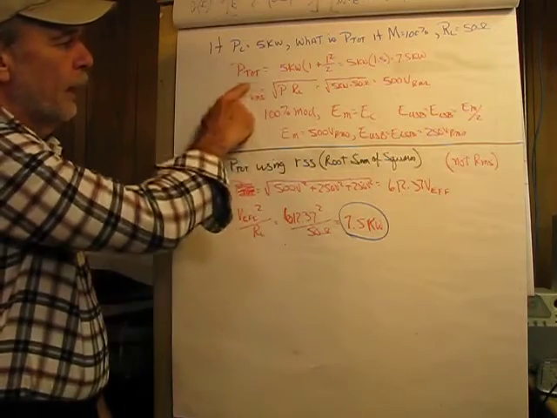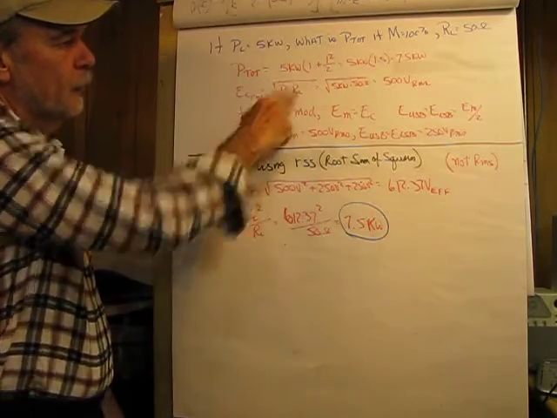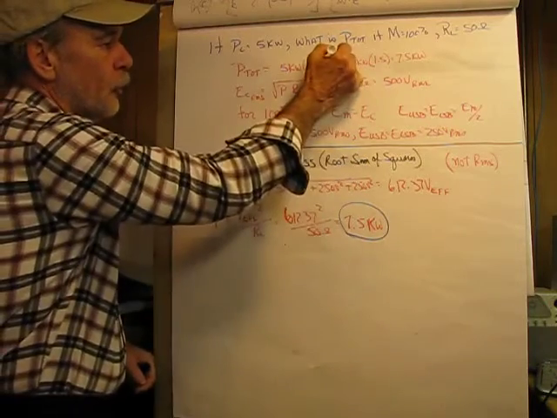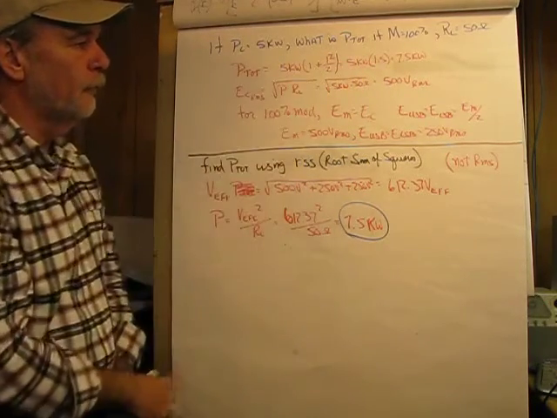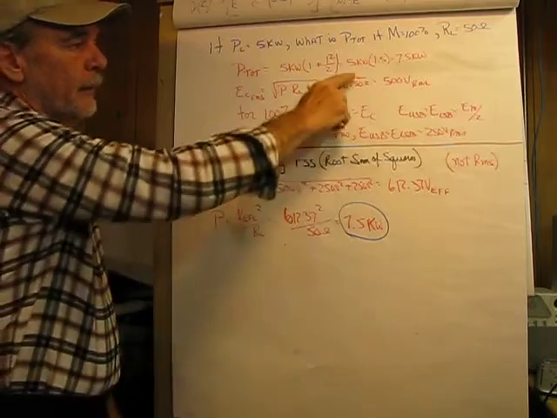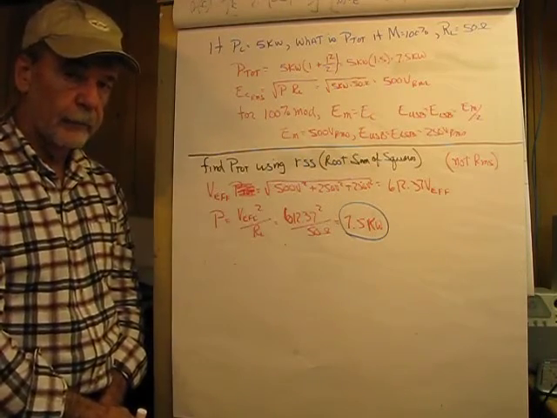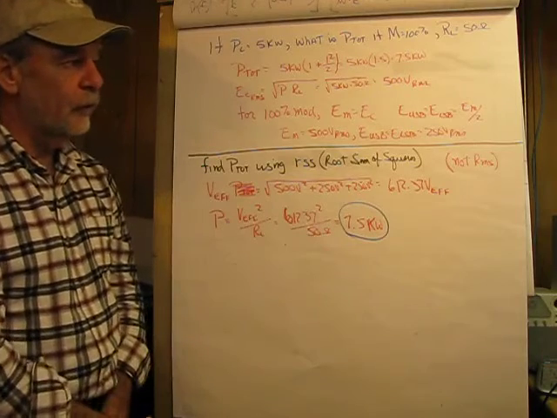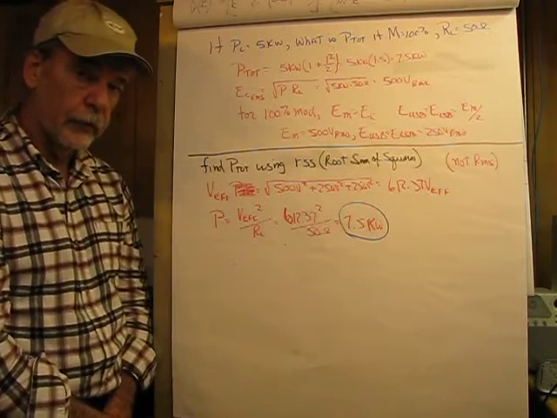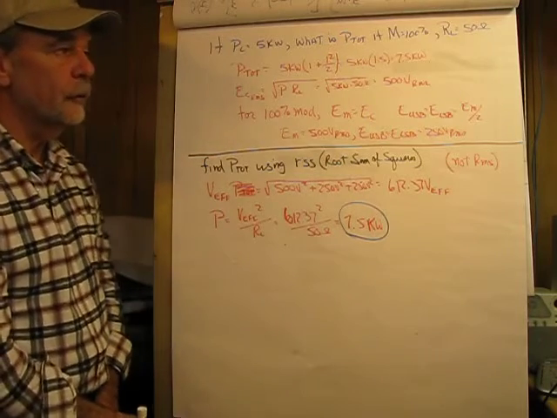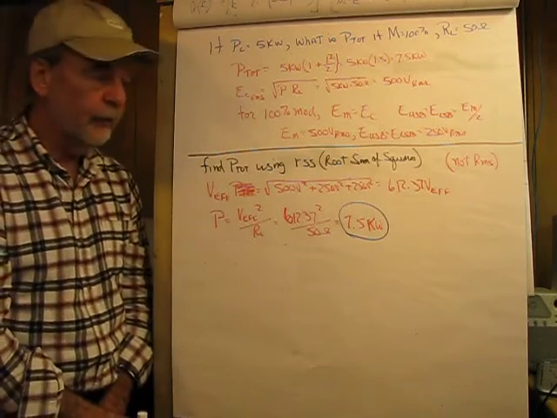So what we have here is 5 kW times 1 plus our modulation coefficient squared divided by 2, and that gives us under 100% modulation 7.5 kW. So the minimum with a sine wave would be 5 kW for just the carrier, and the maximum for 100% modulation would be 7.5 kW.